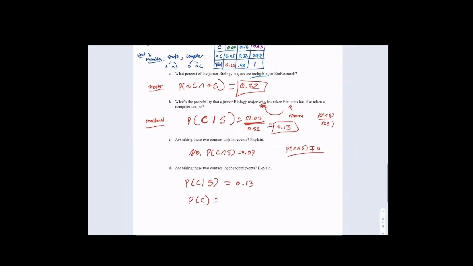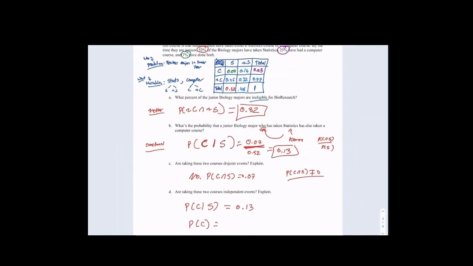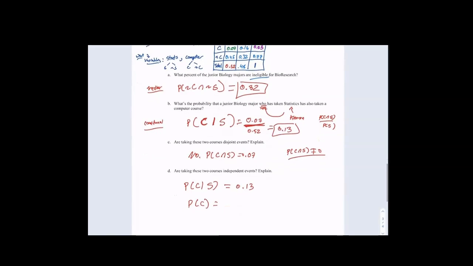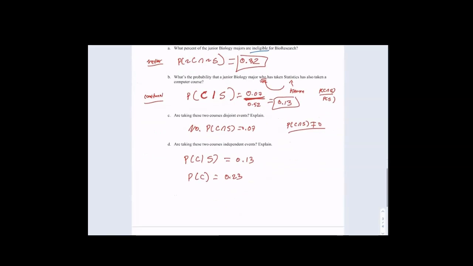What's the probability that they take computer science? 0.23.